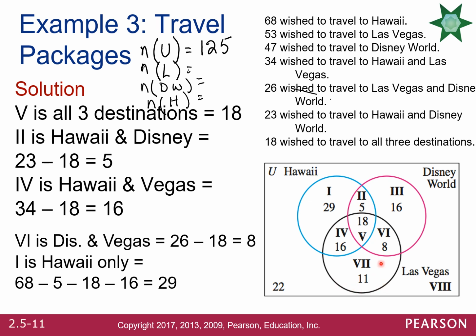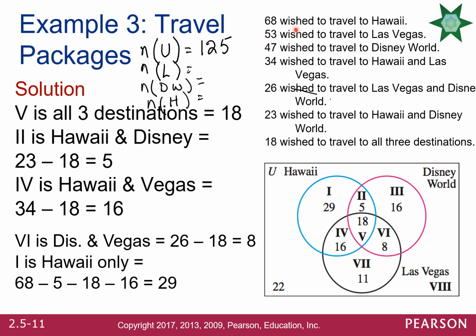for region 7, now region 7 is which one? It's Las Vegas, right? So how many wanted to go to Las Vegas? 53 wished to travel to Las Vegas. However, how many wanted to go to Las Vegas alone and were not interested in the other two destinations? For that you have to subtract the intersecting numbers, so 16, 18, and 8.